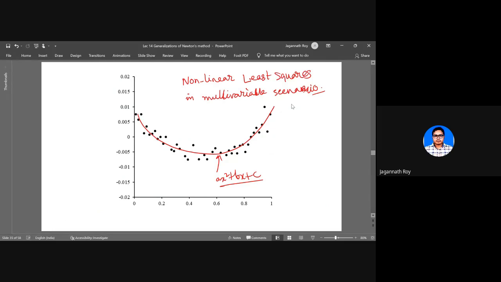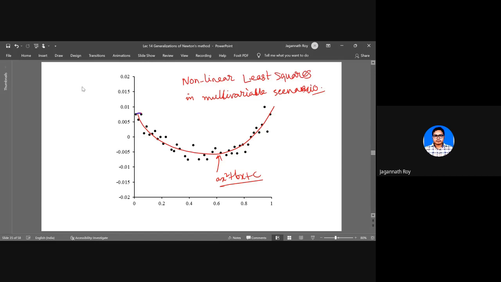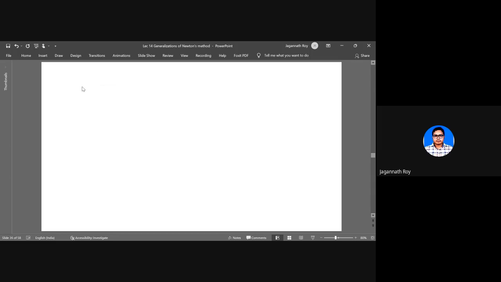But if you can assume the best fit as a periodic function, if you think about the sine function, this is also a non-linear function, so non-linear least squares. This can be treated as a non-linear least square, and here also we can think about non-linear least squares.